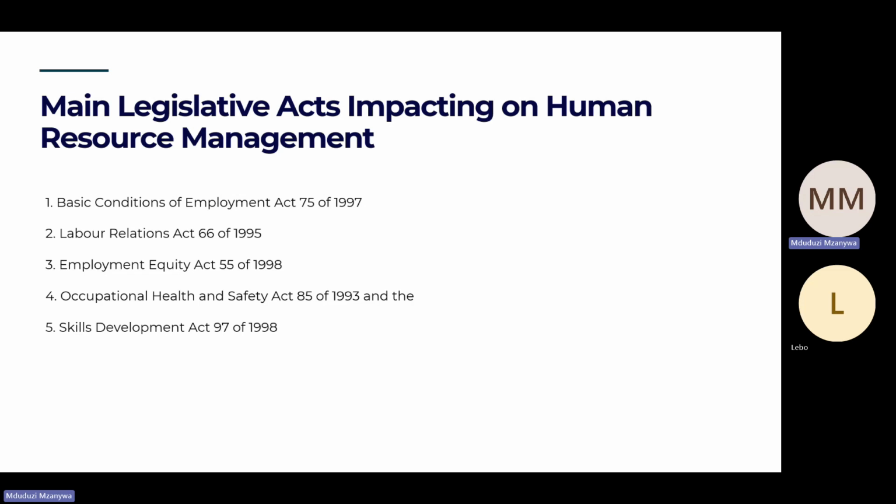It even seeks from the employers what is called a workplace skills plan and continuous and annual training reports to say who have you trained and what have you trained them on as a priority of government and the state in trying to develop the employees in South Africa.